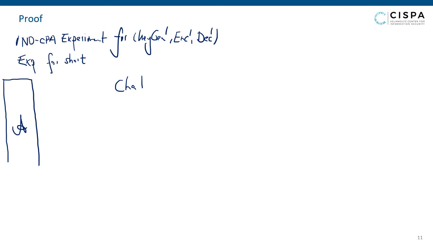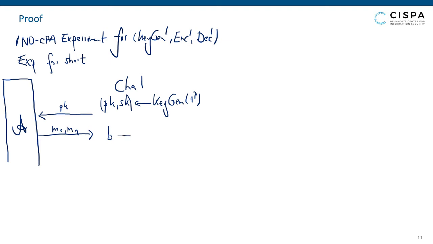And of course, the challenger first generates public and secret keys, and gives the public key to the adversary A, whereupon the adversary A announces two messages, m0, m1. The challenger flips a uniformly random bit b and encrypts the message m_b.